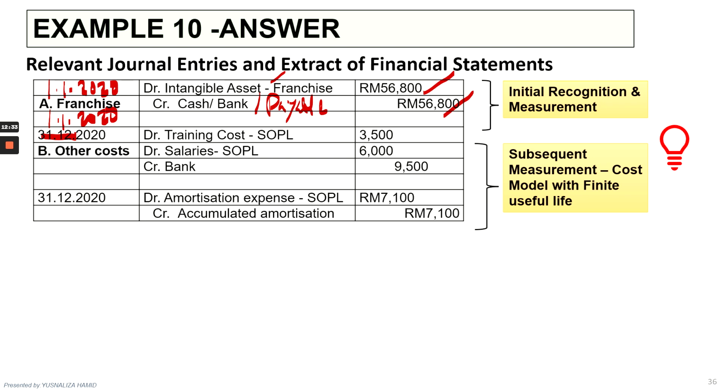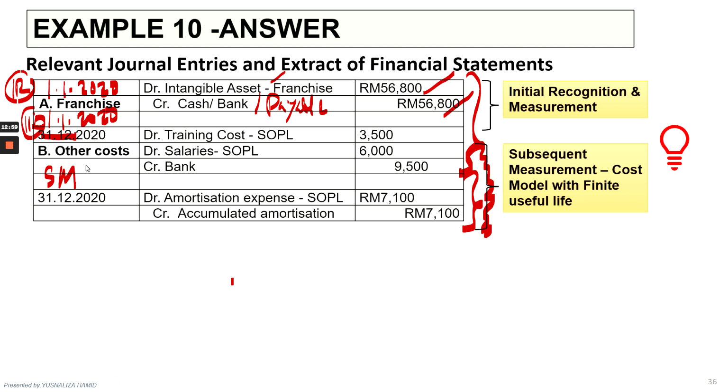And this is the subsequent measurement. This part is the subsequent measurement. And this is initial. The initial recognition is for the first two entry. So this is initial recognition. This is initial recognition. But this is subsequent measurement.